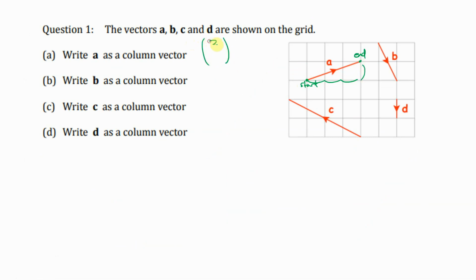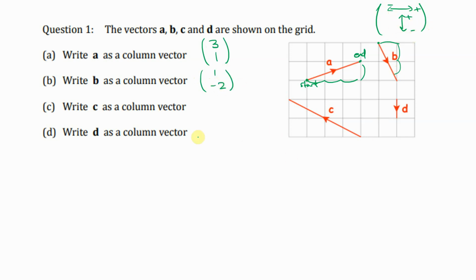So we want a positive 3 on the top and a positive 1 on the bottom, because remember, this is our key to remember. So on to B. We're going to start here, so we go 1 to the right and 2 down. So 1 to the right is like this, and 2 down is a negative 2.